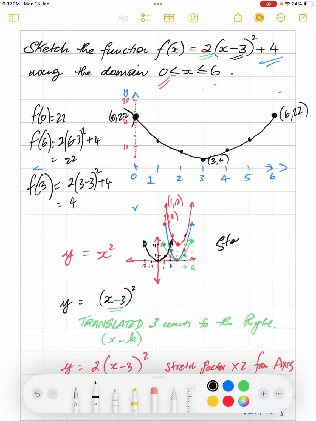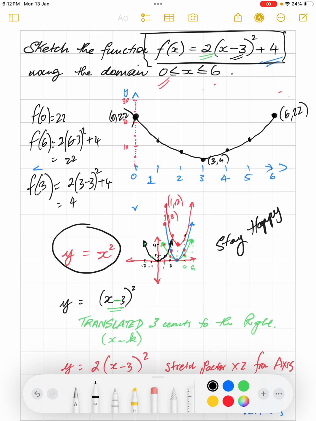So I hope this has helped. But before I close off, looking at this graph, I want you to be able to see that it's the original parent graph moved 3 units to the right, so it's turning when x is 3. You can find the y value by substituting.